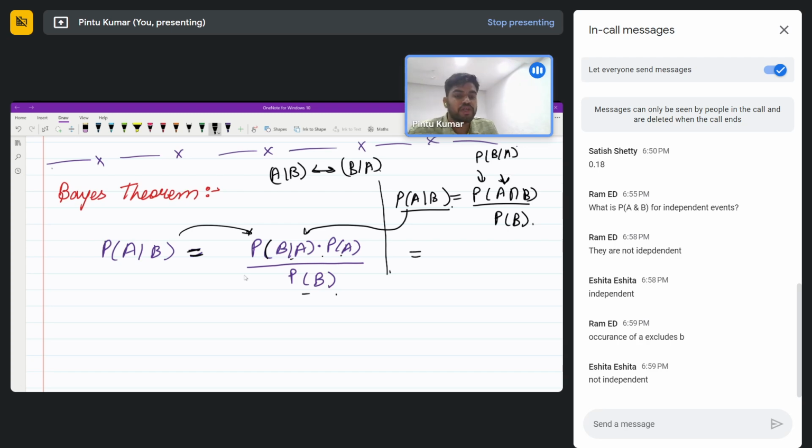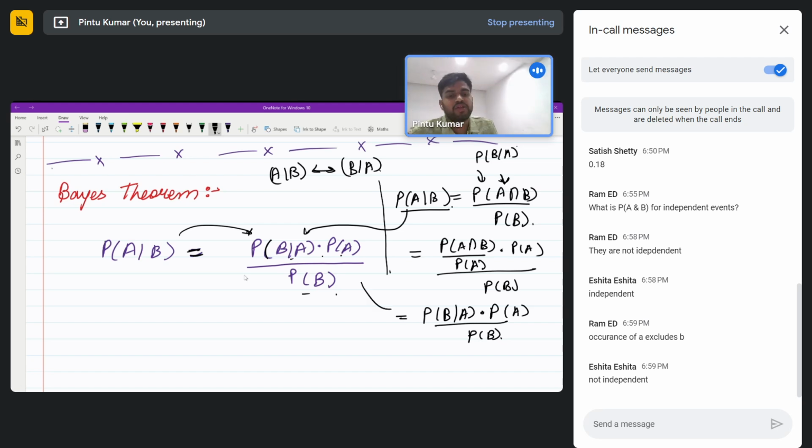So for the numerator, we divide and multiply by probability of A, and we have probability of B in the denominator. So this becomes probability of B given A into probability of A divided by probability of B. Very easy derivation, but very useful derivation.